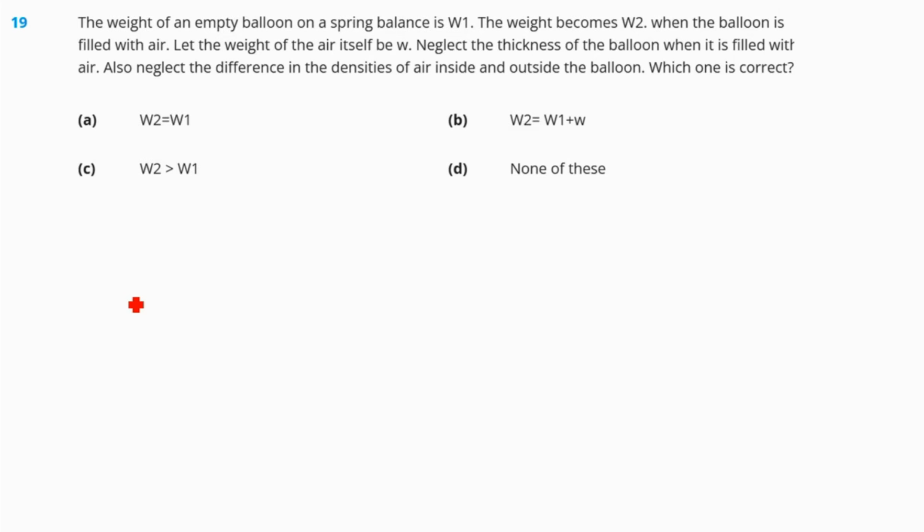From here you can understand, first I will write for W empty, it is W1, and W filled, I'll just write W2.